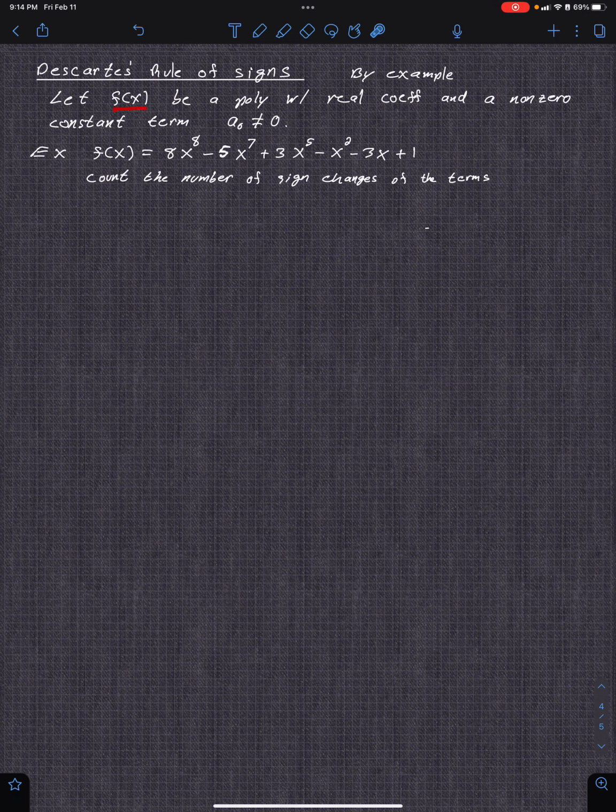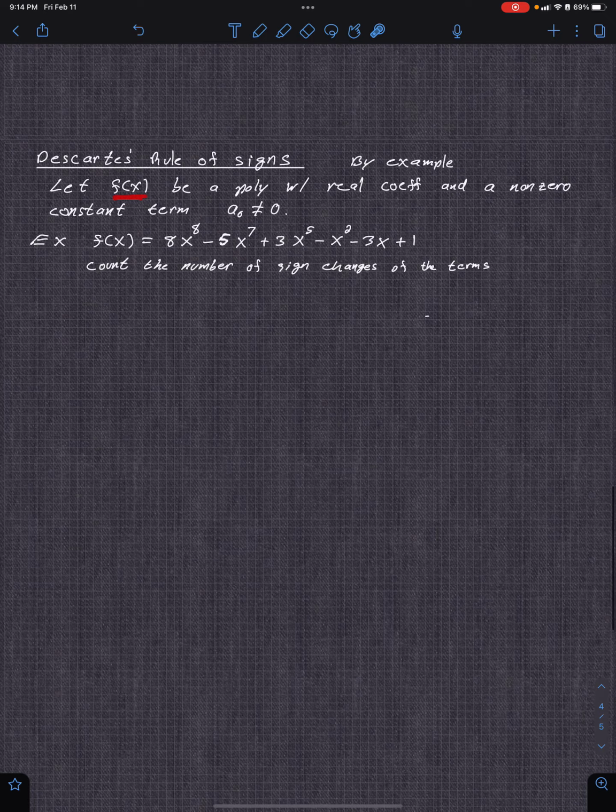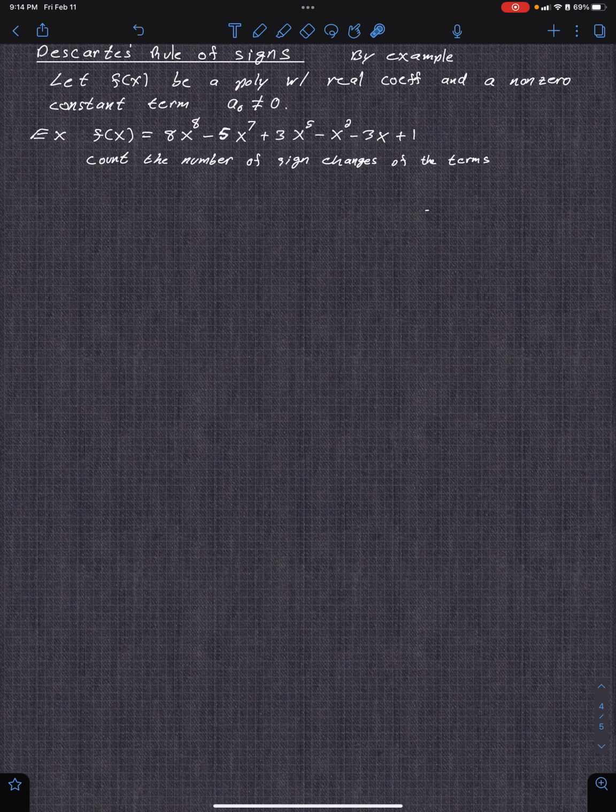The hypothesis is that f of x is a polynomial with real coefficients, and in our examples they're going to be integers, and a non-zero constant term. If the constant term were zero, you'd just factor that term out and have a different polynomial, so you need to be working with a non-zero constant term.